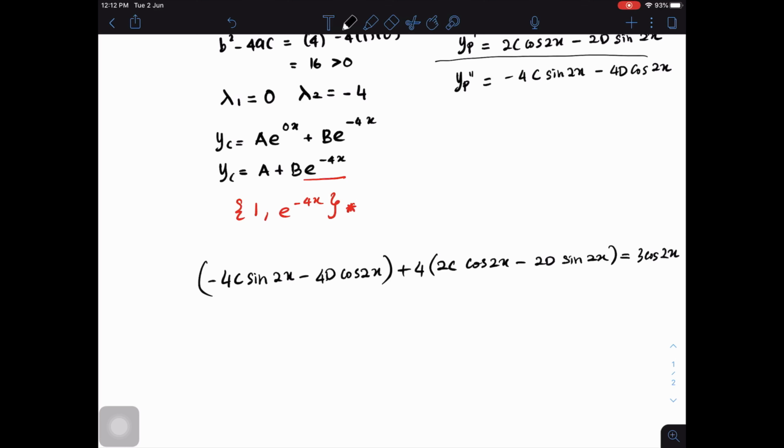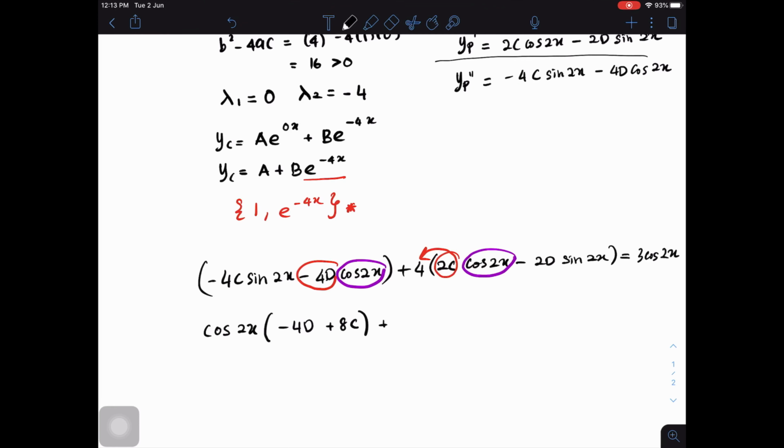Okay, now we simplify or expand this equation. You just collect the same terms here. We have cos 2x here and cos 2x here, so we collect the same term. Let's write cos 2x outside the bracket. In the bracket you will have negative 4d, and for this one, don't forget to times 2c with 4 first, so you will have positive 8c in the bracket.